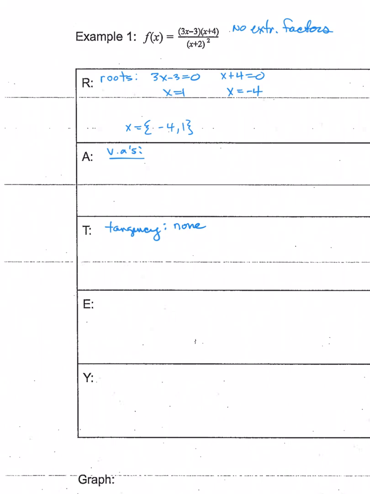Whatever the factor is in the bottom, which is x plus 2 equals 0, isn't it? So where do we have a vertical asymptote? X equals -2. Let's put that on the graph as well, a dashed line vertically right here.